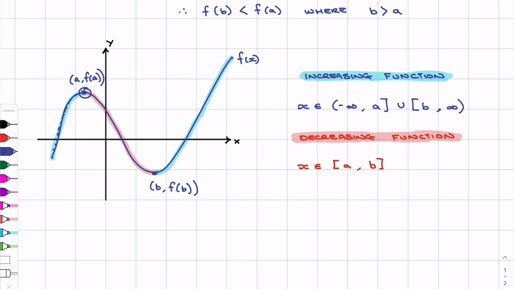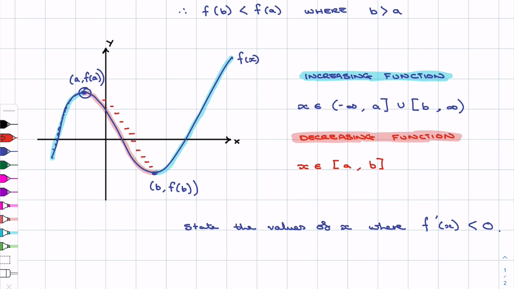Now, there is a slight difference that you can find in questions, and we might have a question that says something like this: state the values of x where f dash x is less than 0. So f dash x less than 0 means that the gradient is going to be negative. We're going to have negative gradients all the way through here.